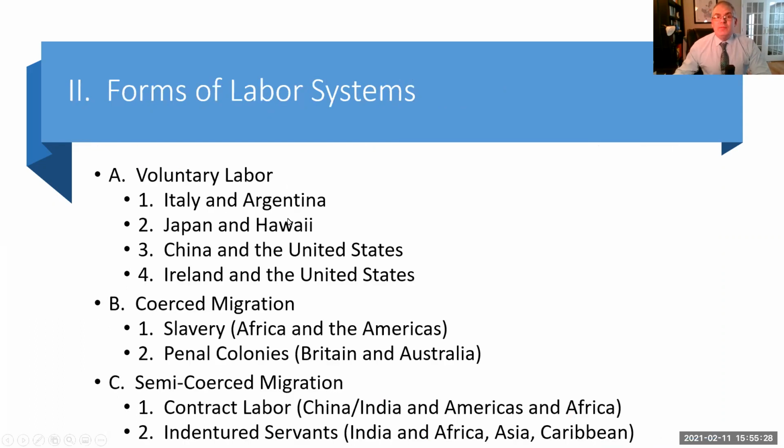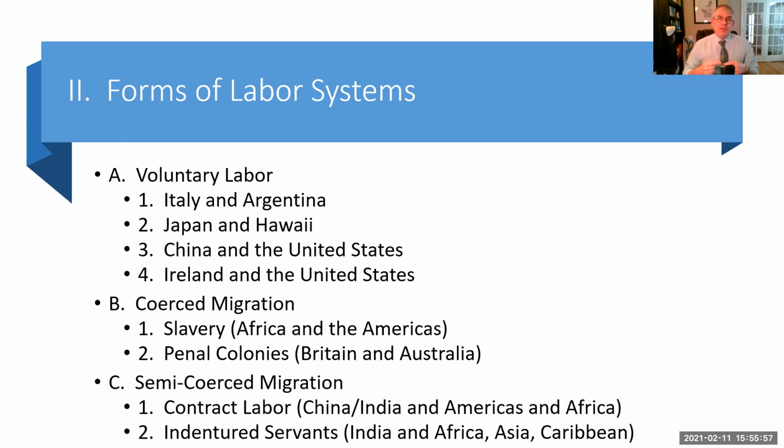The next thing we want to talk about is the forms of labor that are making this migration possible. I haven't quite gotten into the why this is happening. Right now I'm just setting up what is happening. The 19th century is a remarkable century because abolition is starting to take effect and is starting to have an impact on the international slave trade.